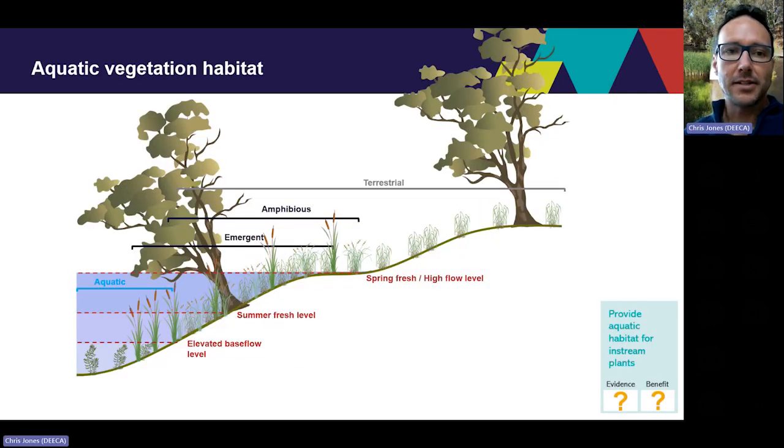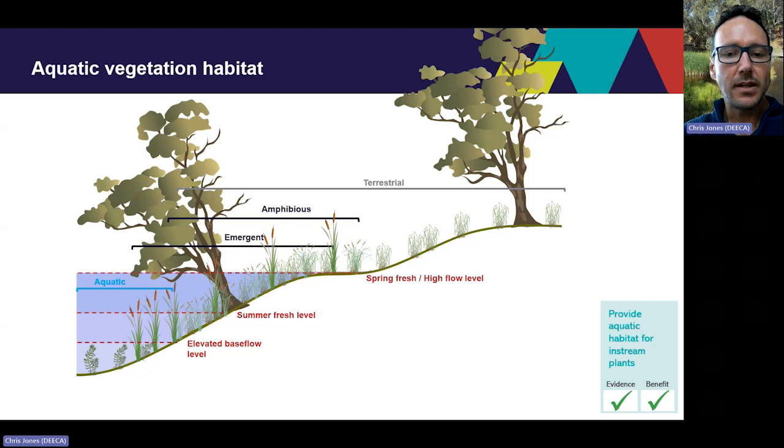So here we are in our system. We're going to start with aquatic vegetation habitat, the first one. So this is actually providing water, providing aquatic habitat to in-stream plants. And so what we found was that there was evidence and a benefit for flows.